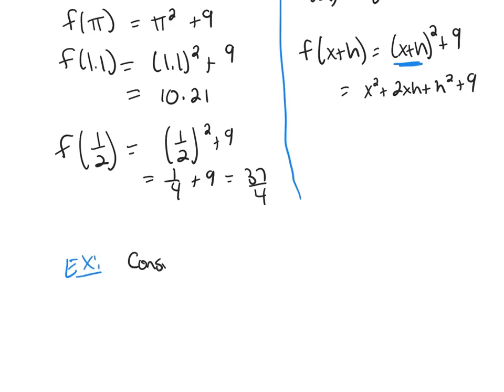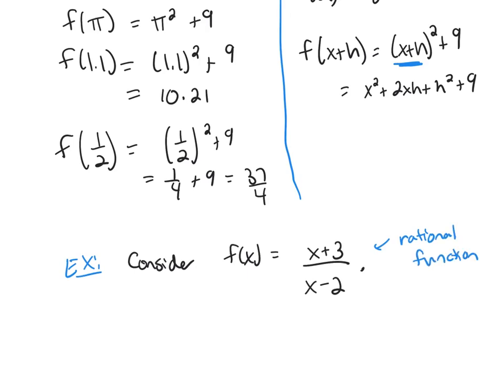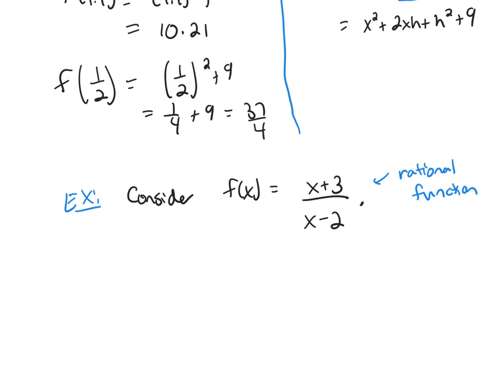Let's consider the function x plus 3 divided by x minus 2. Now I do want to mention that this function, it's a polynomial divided by a polynomial. This is called a rational function. And let's look what happens when I plug in numbers into this.